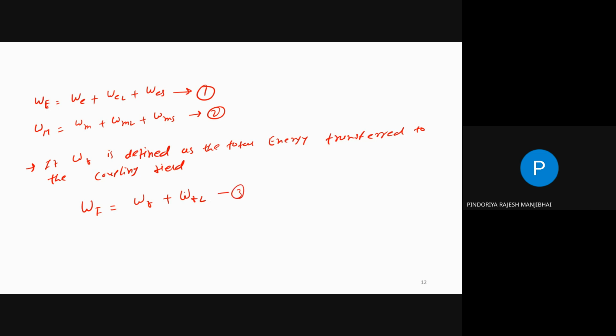So we can say, suppose you give 100% input, correct? So that is your field. So you will get the output of the field, that is the losses plus your field energy, correct? So this is the field energy and this is your losses. So this is the total field energy.